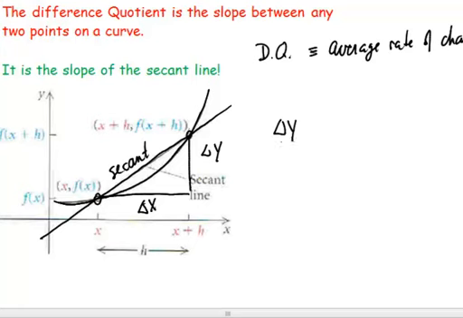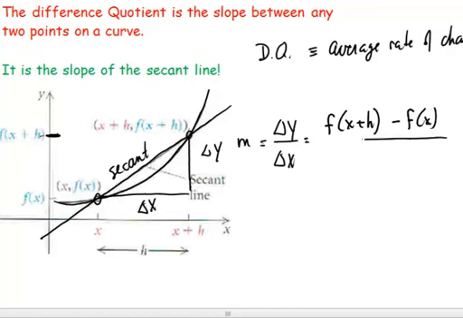And the average rate of change, since we've been working with function notation, is equal to, in terms of functions, f of x plus h, that's this value at the top, minus f of x, all over the difference in the x coordinates, which is x plus h minus x, which will always be equal to, in the denominator, h.